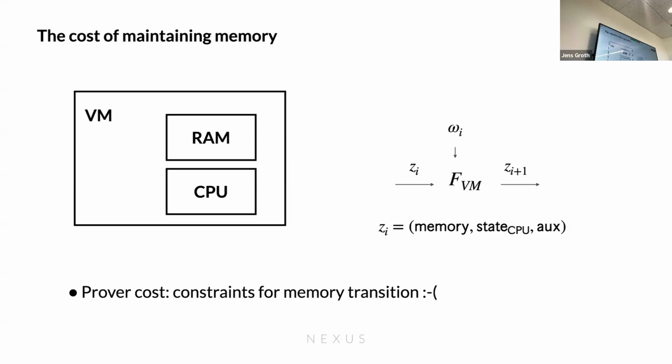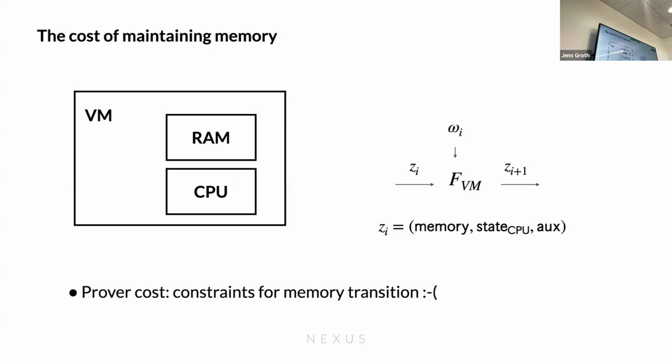Okay, so here's the naive way of thinking about how I should maintain memory. We have the zkVM, which has a specification of what each instruction should do. Think of that as the CPU, and then it has some random access memory. The naive thing would be to let the state be the memory, along with the settings of the CPU, like the register values and so forth.